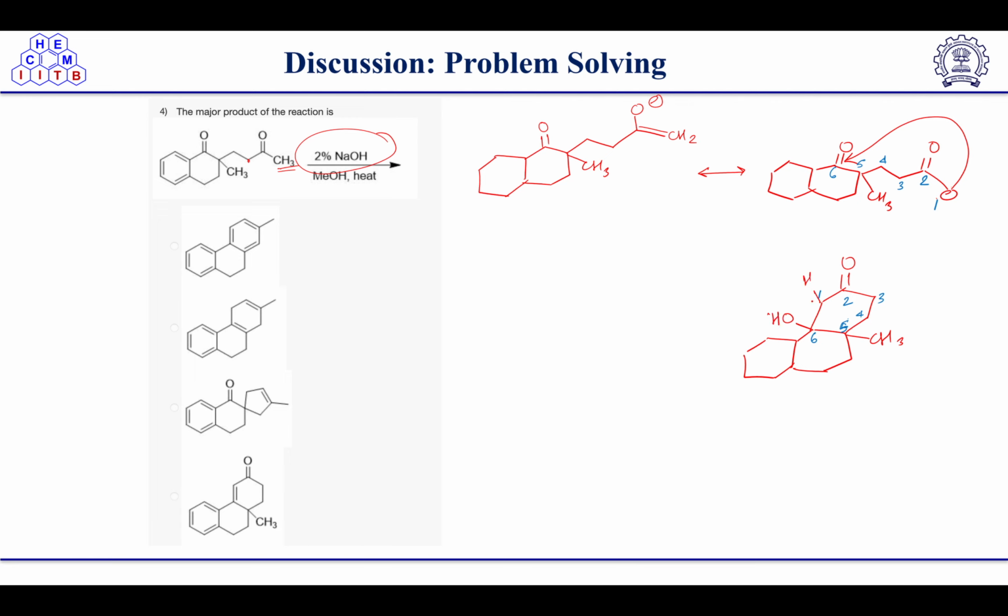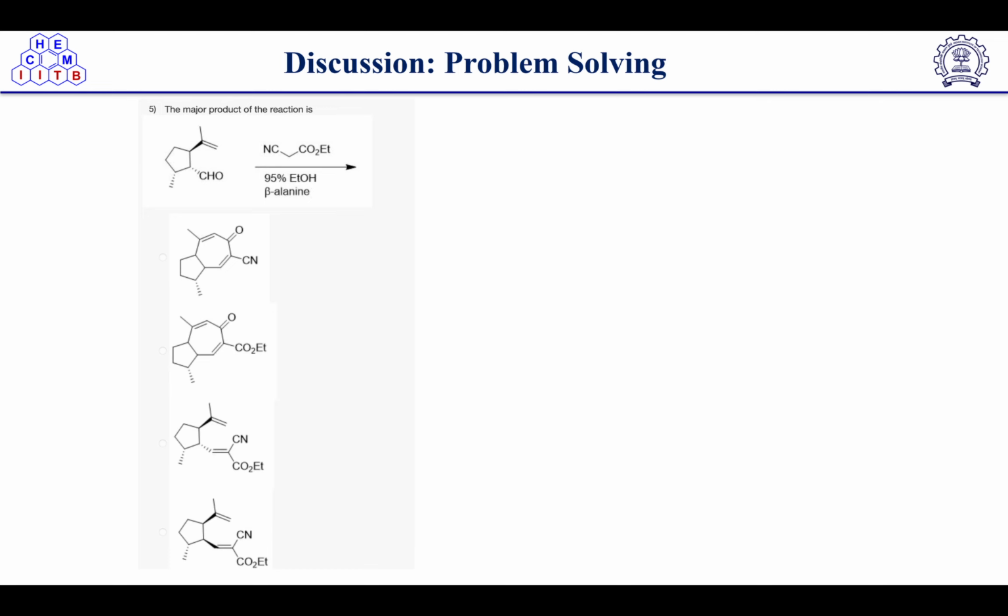Okay. Now here also we have H. So it will undergo a condensation reaction and it will give you a product which will look like this. Alpha beta unsaturated product. Okay. So all of you got the mechanism. The correct option is option number 4. I hope all of you understood this one. Next one.